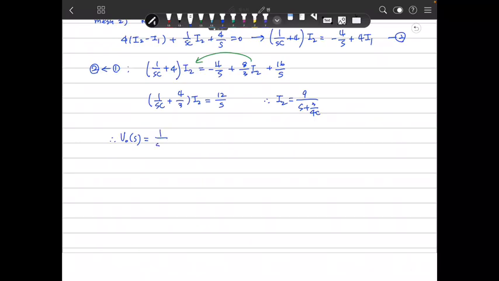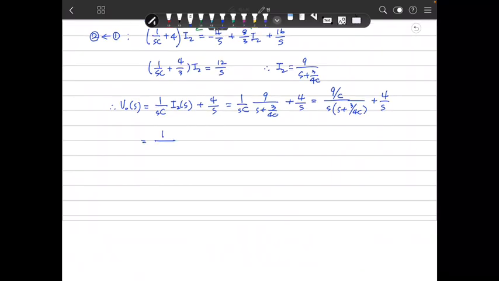Therefore that is 1 over SC times I2 plus 4 over S. So there is 1 over SC times 9 over S plus 3 over 4C, plus 4 over S. It can be more simplified: 9 over C S plus 3 over 4C, and plus 4 over S.